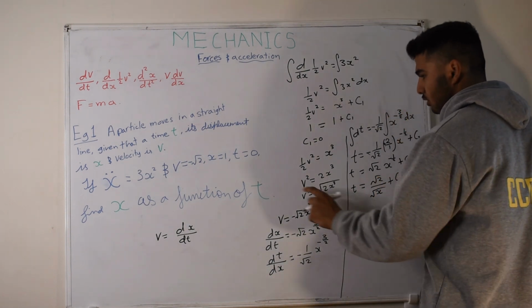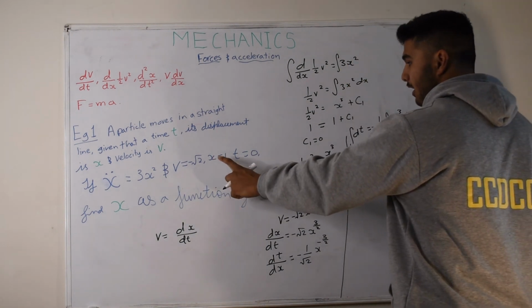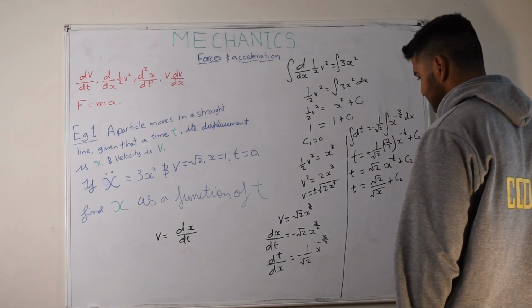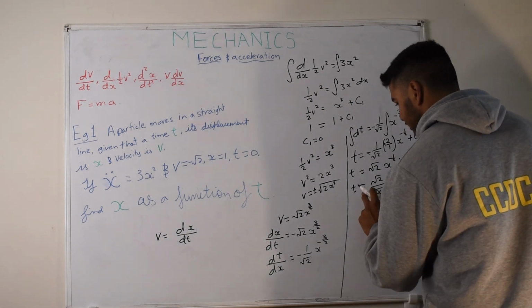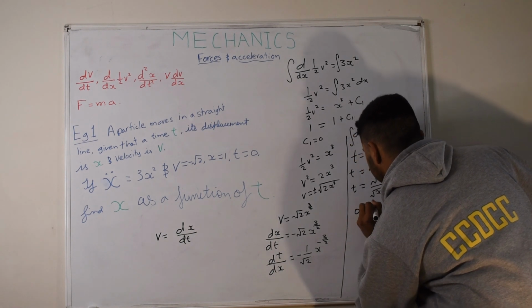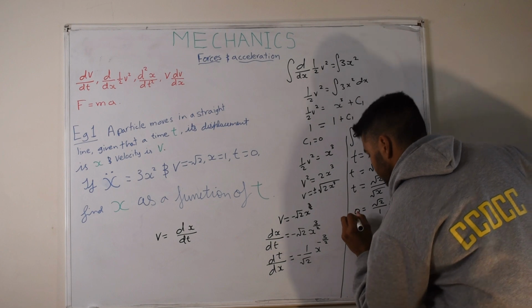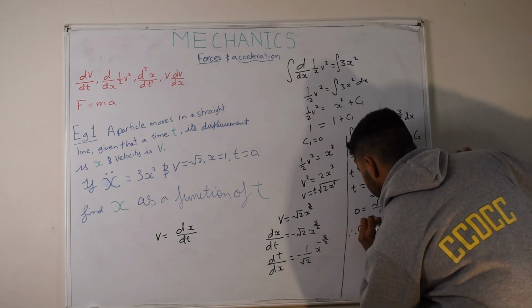plus c2. So when t equals 0, x equals 1. Correct? So t equals 0, therefore 0 equals root 2 upon 1 plus c2, so therefore c2 equals negative root 2.